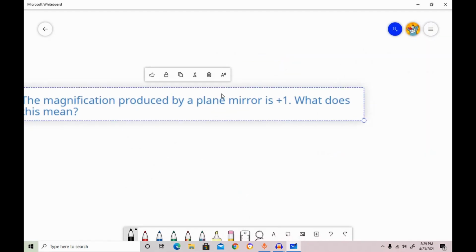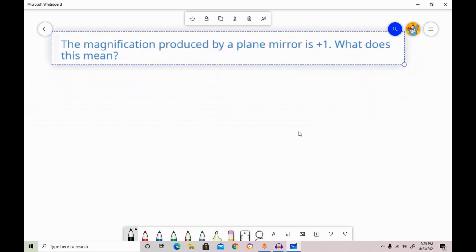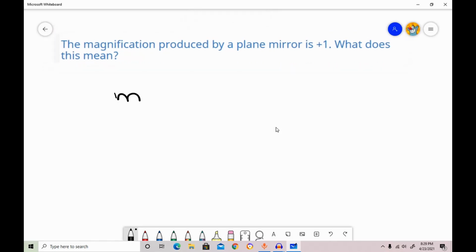So here it is, a very simple one. The magnification produced by a plane mirror is +1. What does this mean? What does m equals +1 mean? They are asking for the answer to this question.